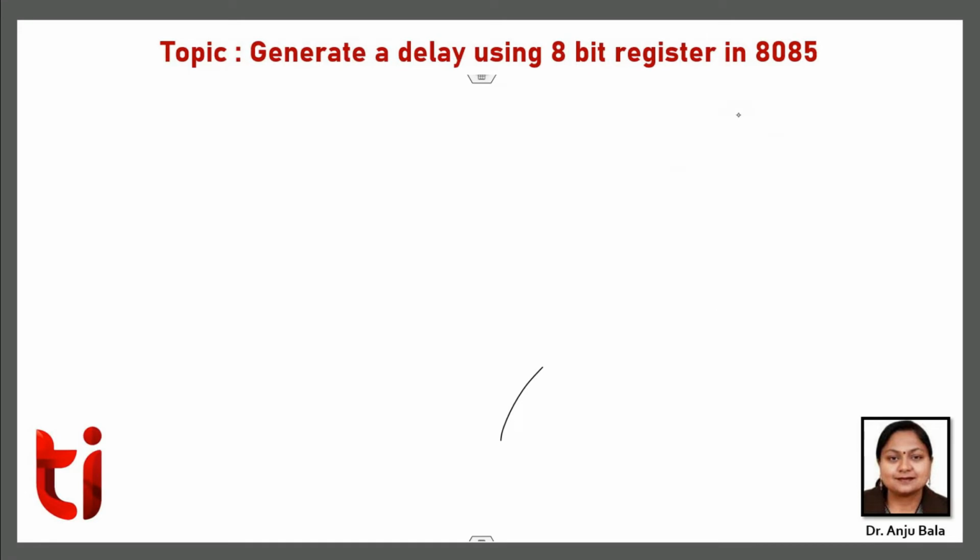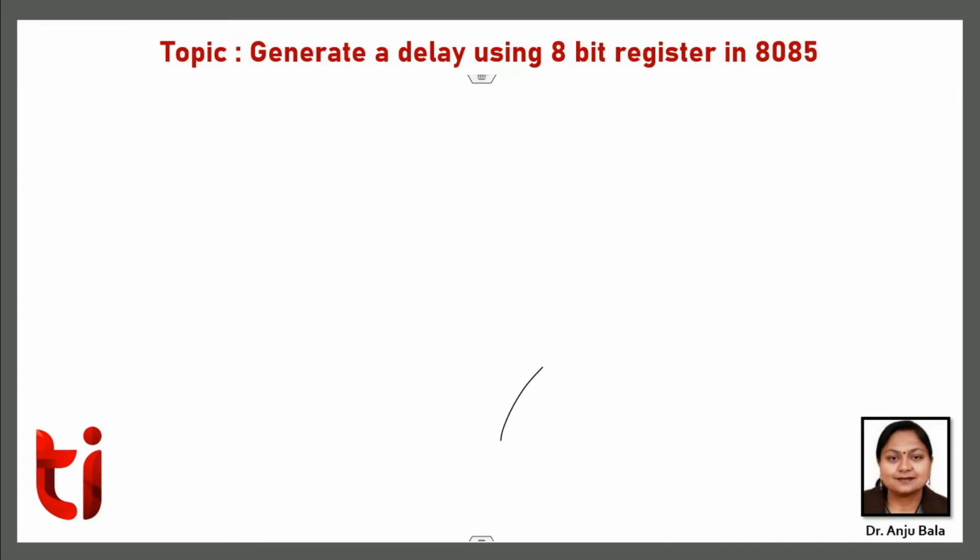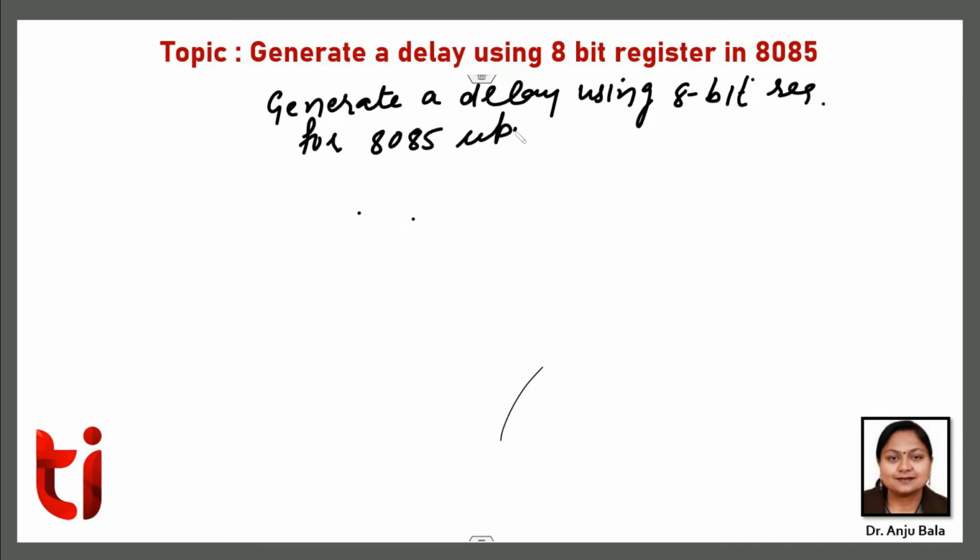Dear students, in today's lecture, we will study how to generate a delay using an 8-bit register for the 8085 microprocessor. For generating a delay, we need to use an 8-bit register. For example, I am taking A as an 8-bit register, and its initial value is 0FH.